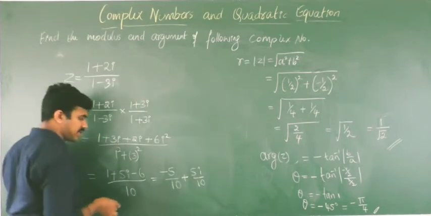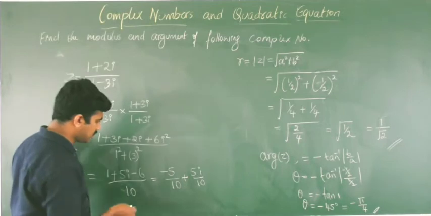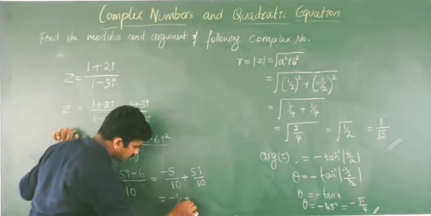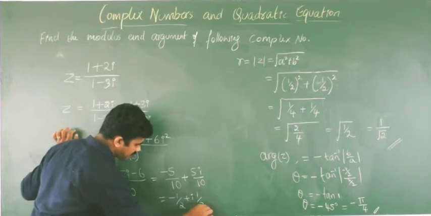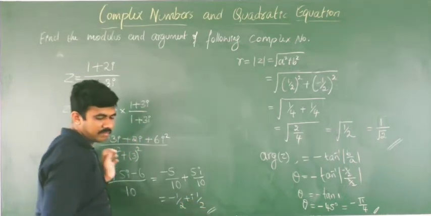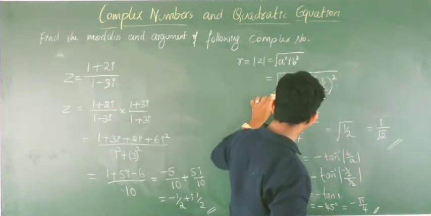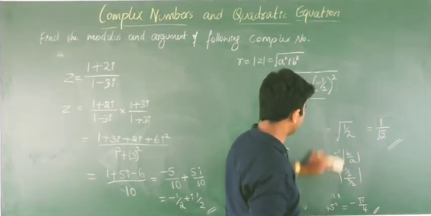Common denominator we have 10, so I can separate like this. And this is minus half plus i into plus half. So here, what is the change in this question?